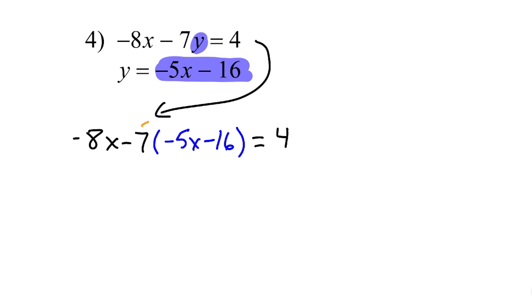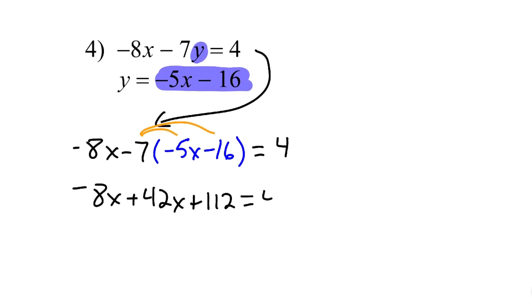Now I'm going to need to distribute this negative 7, so we'll get negative 8x plus 35x, since negative 7 times negative 5x is positive 35x, and negative 7 times negative 16 is going to be positive 112, I believe. Hope that's right. I think it is.